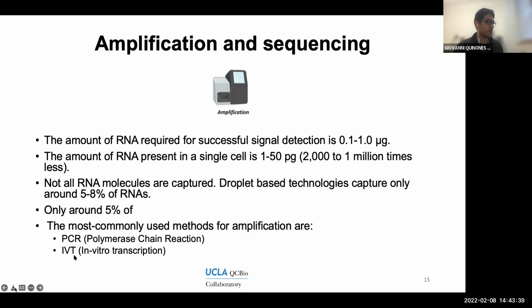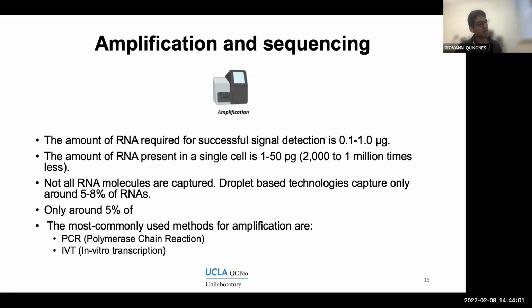And this plasmid will have a bacterial promoter where the polymerase will bind, and it will start copying your DNA of interest.